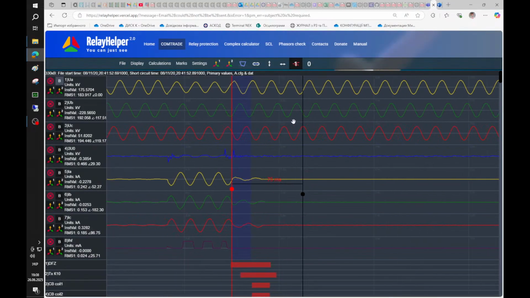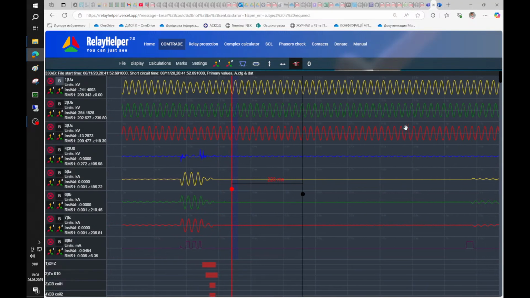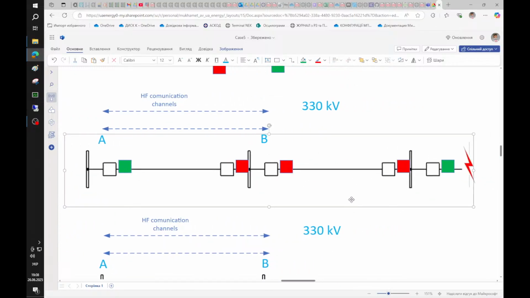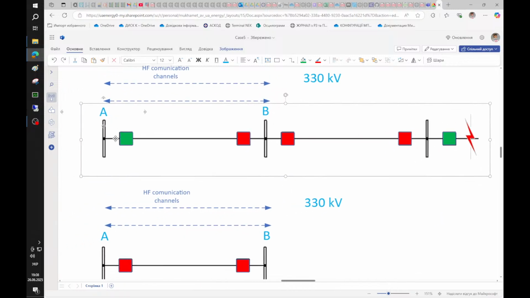So, what's interesting. To summarize this case, during an external short circuit we have only a one-side trip.